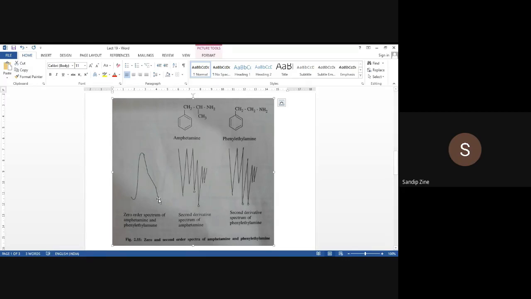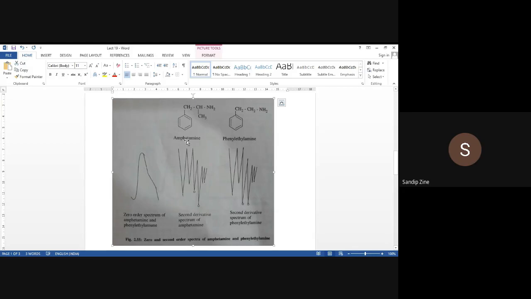We have already seen that in derivative spectrometry, a single peak corresponding to the zero order splits into more peaks as the order increases, and hence the derivative spectra are more structured than the zero order spectra. This splitting pattern is slightly different for different compounds and is a characteristic of that substance.